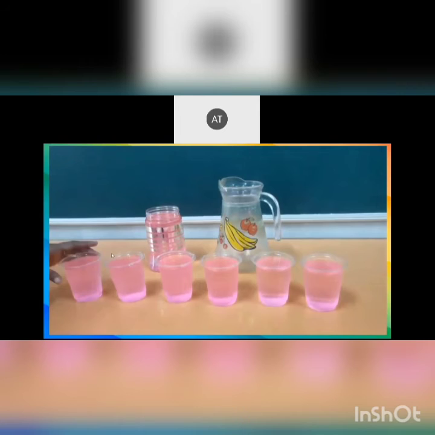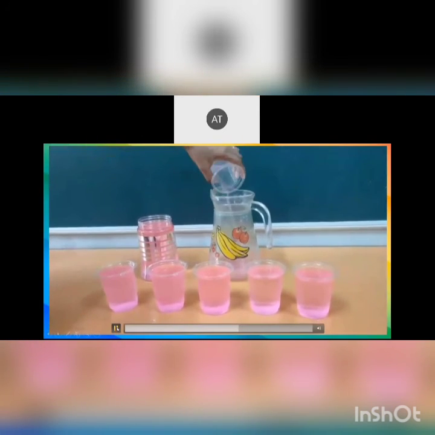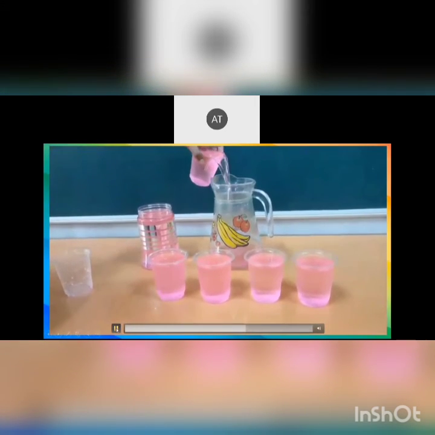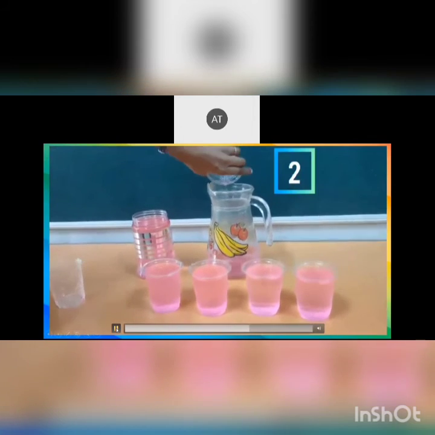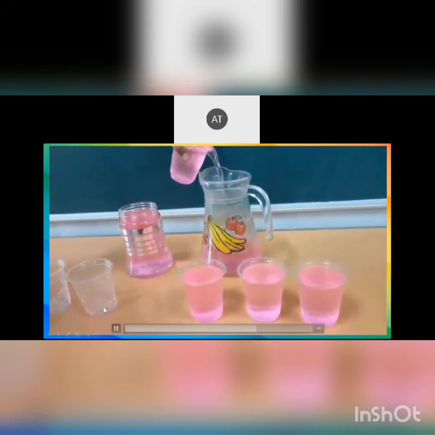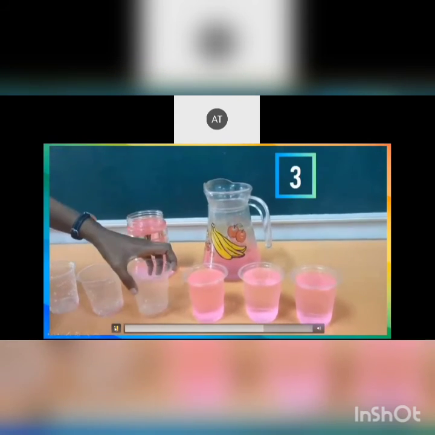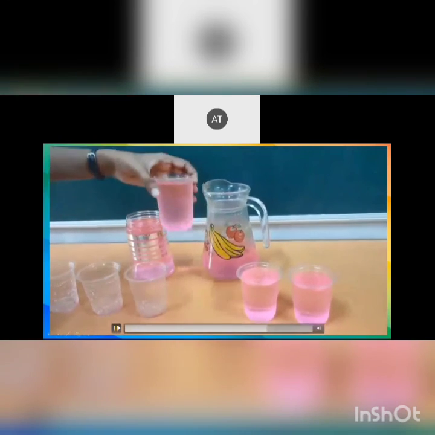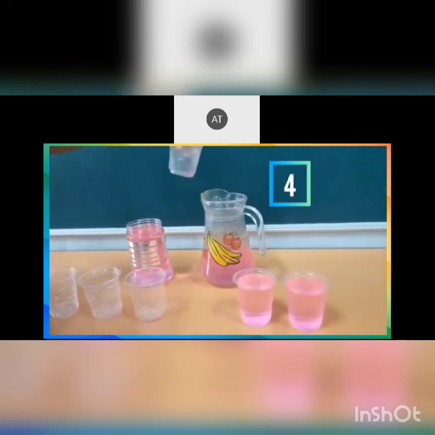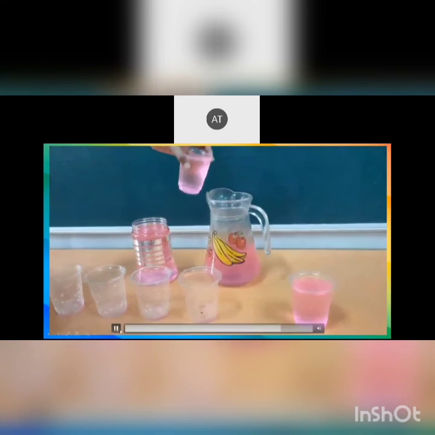Yes, I want all my children to count along with me. This is 1. And then 2. 3. 4. 5.